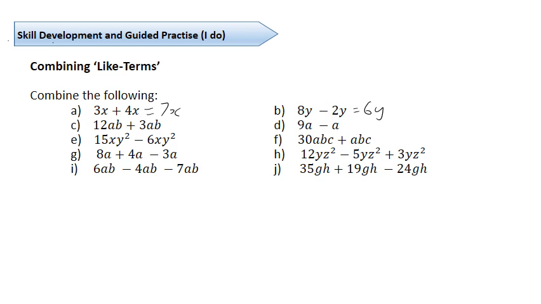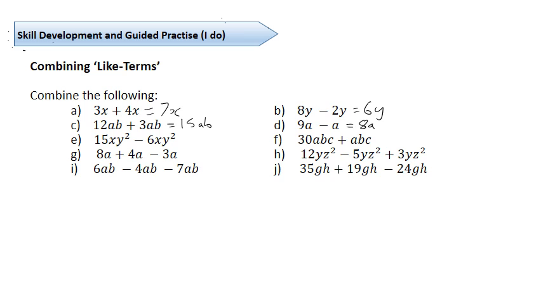AB, AB, like terms for the question C. 12AB plus 3AB is going to give us 15AB. A and A are like terms, so 9A minus 1A is going to give us 8A.